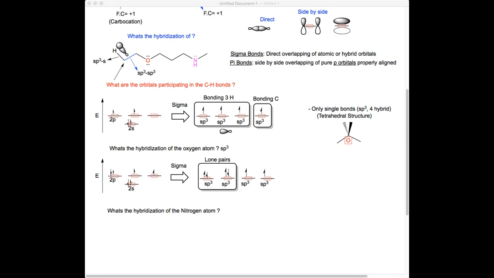That is exactly the point. Once I know the hybridization of the atom, I can understand where the bonds and the electrons of these atoms are located. First of all, I must know the hybridization of the atom. So I asked a few minutes ago, what is the hybridization of that nitrogen? Everybody knew that it was sp3 hybridized, right? So if the nitrogen is sp3 hybridized, it has only single bonds, and we talk about 4 hybrid orbitals, okay?